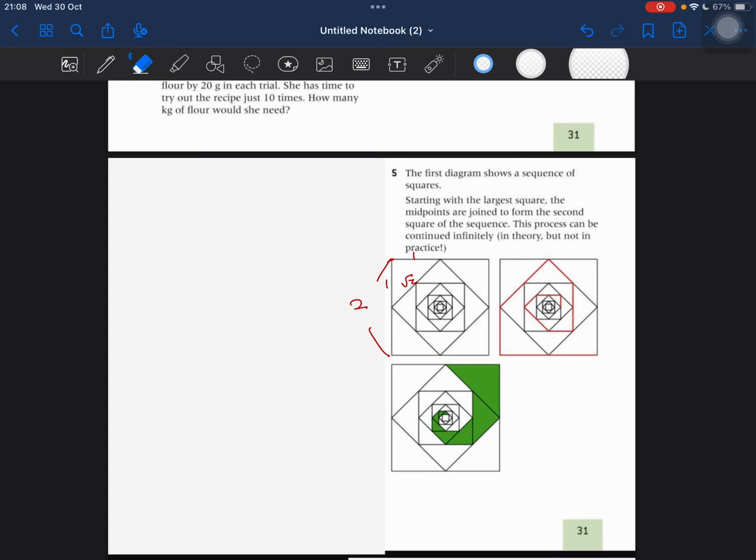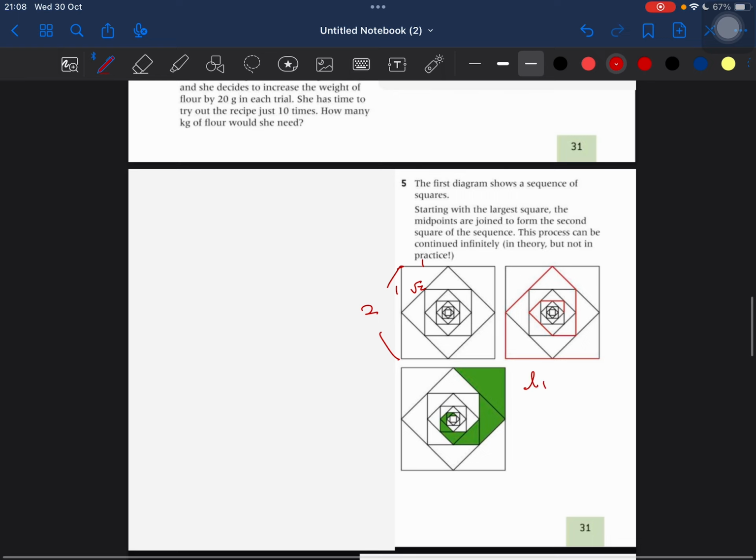No, not like this. I will call it L1. The first length is 2, the second length is square root of 2, the third length is half of square root of 2, and this is the square root of 2 times square root of 2 over 2, which is 1.